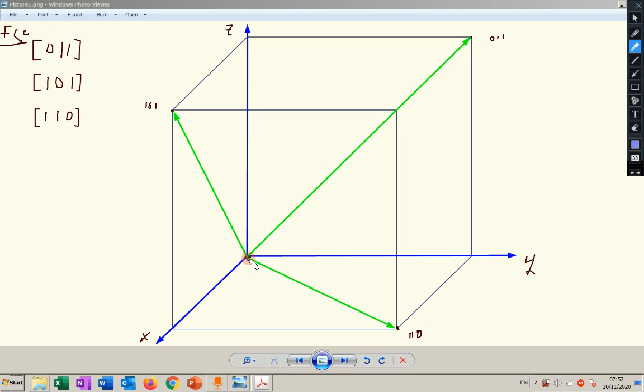Since we have FCC, we know that at each corner there is an atom, and we know that at the face there will be one here. This is at the other face, the center. This also has one. There's one in the center.